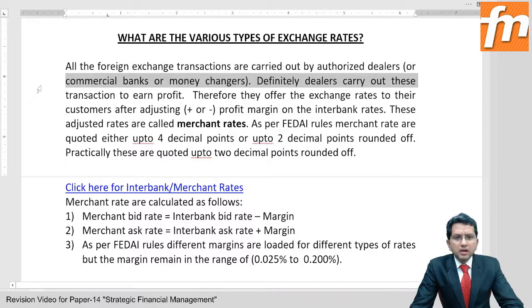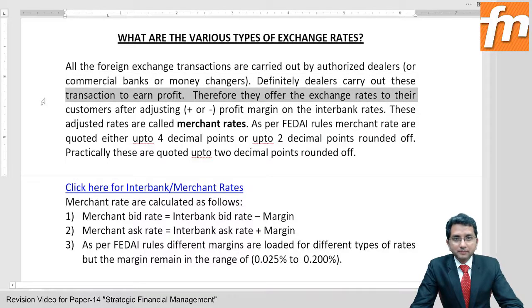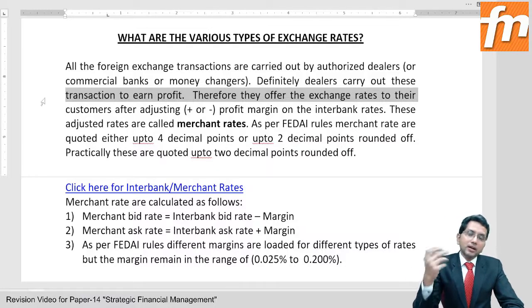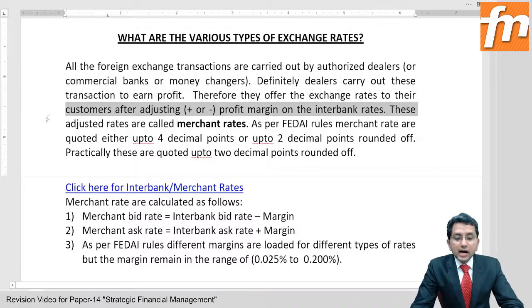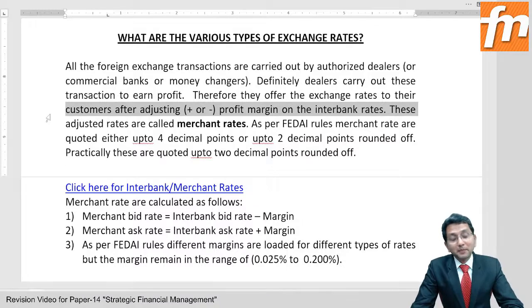Definitely, dealers carry out these transactions to earn a profit. A dealer will never say that I buy dollar at rupees 70 and I sell dollar at rupees 70. If they buy at rupees 70 and sell at rupees 70, they won't be able to make money. And therefore, they offer the exchange rate to their customers after adding or deducting a profit margin.